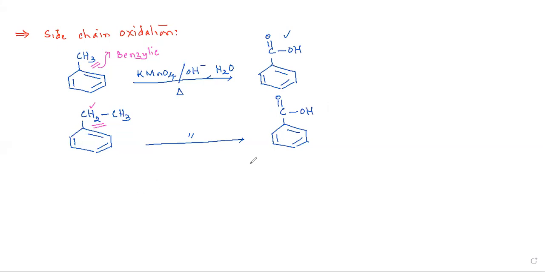Then, so this is where I actually want to repeat the thing that whatever may be the length of the chain, look at the length of the chain. You got ethyl group, but still you finally got benzoic acid.